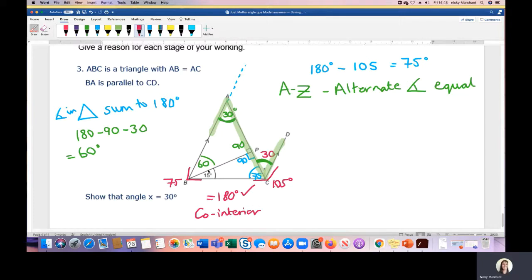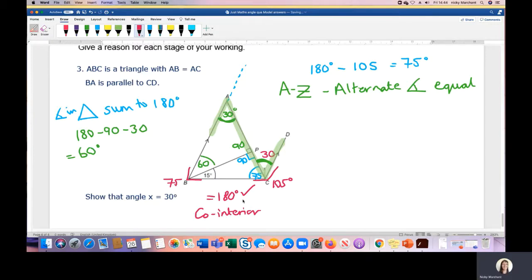So we are using, first of all, the angle of the triangle to find this missing one here. If we then use that 30, we can do it either by looking at this and saying, well, that's 105, take off our 15, what's left? We get 60, or slide this angle up here because it's equal, finding out that gap, and that is 60 that way, and then adding them up, and we must equal 180 on the co-interior.